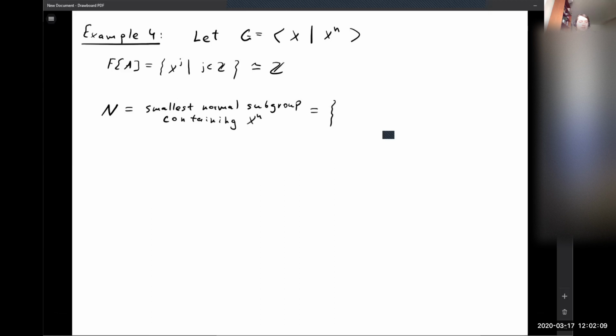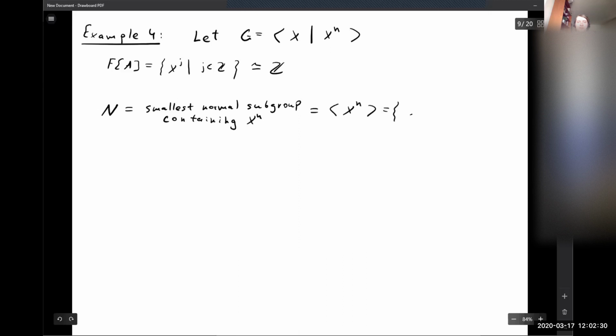Great, yeah. So in this case, because F of A, the rank 1 free group, is abelian, every subgroup is normal. So the only thing we need to consider is the subgroup generated by x to the n.